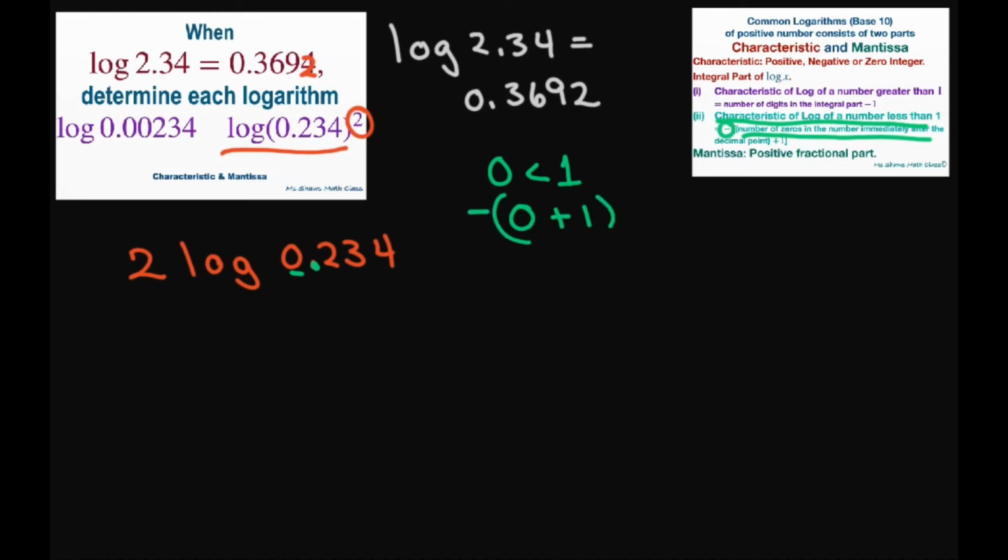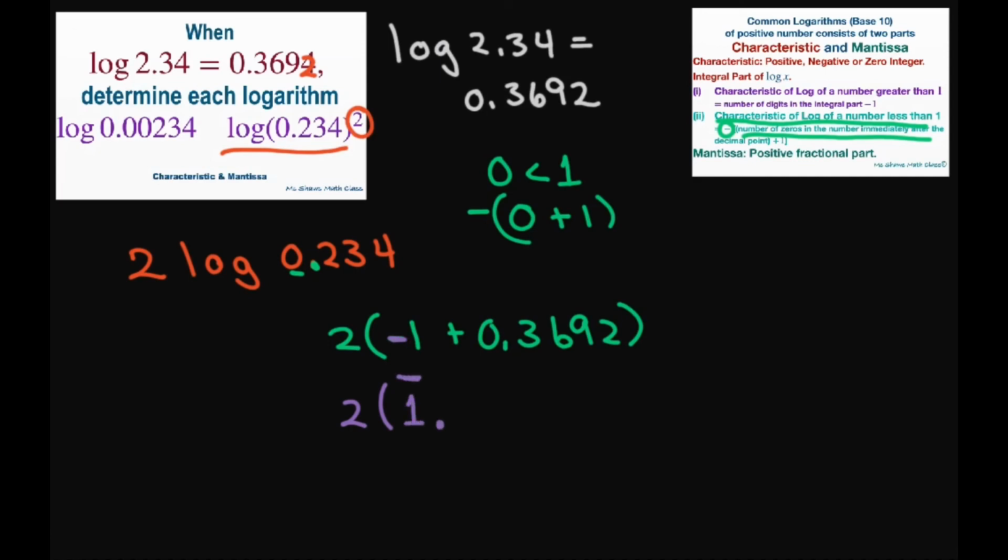So basically, when you write this out, this can be 2 times negative 1 plus 0.3692. A good way to write this is 2 times, and then instead of this negative here, put a 1 with the bar.